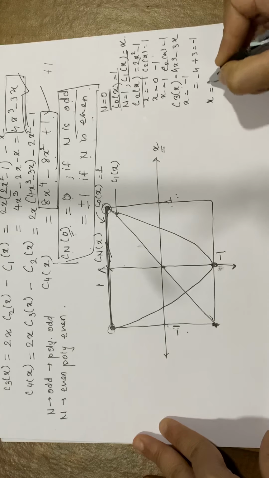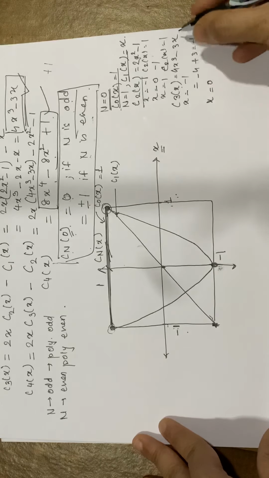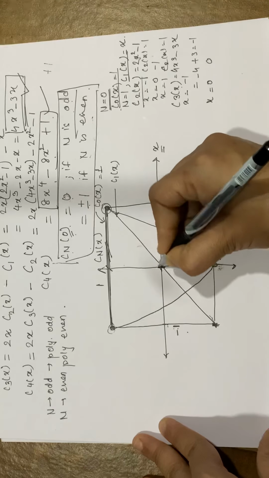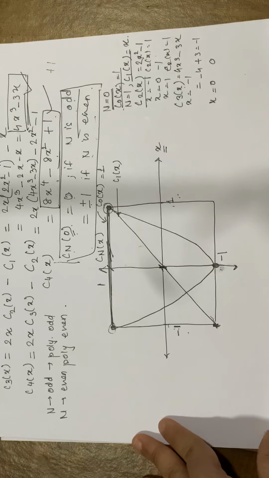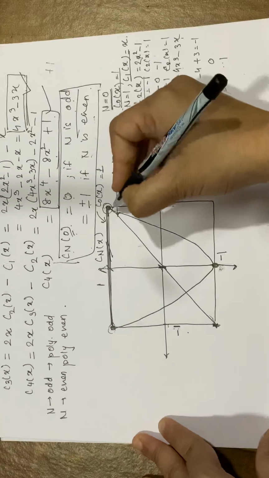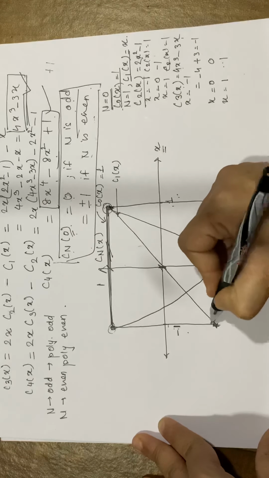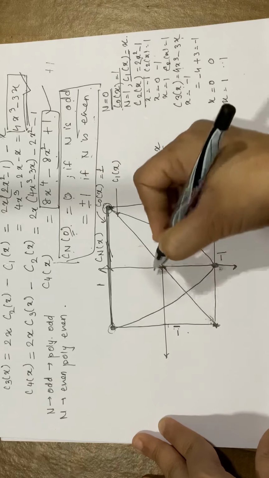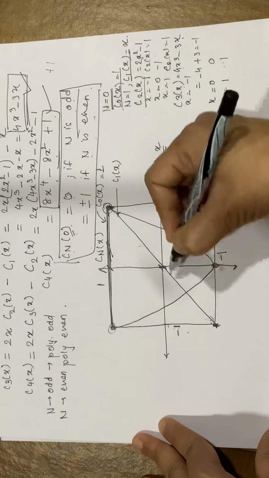If I substitute x equal to 0, it is going to give me a 0. So I am going to get the second point as this, right? Similarly, if I substitute x equal to 1, I am going to get a 1. 4 minus 3, I'm going to get a 1. So it is going to be this point. So I need to have a curve which will join these 3 points, 1, 2 and 3.